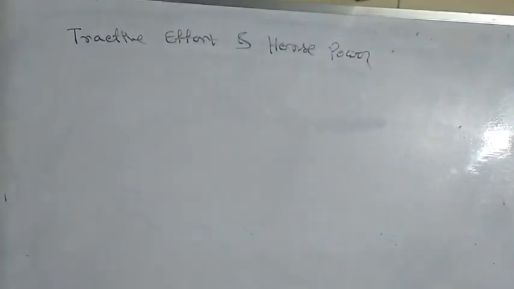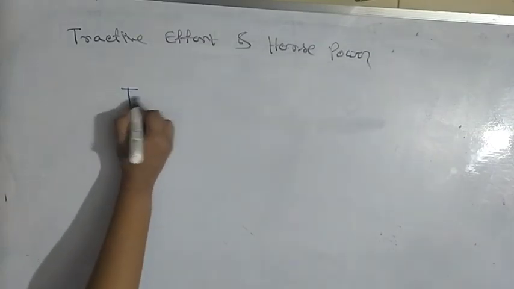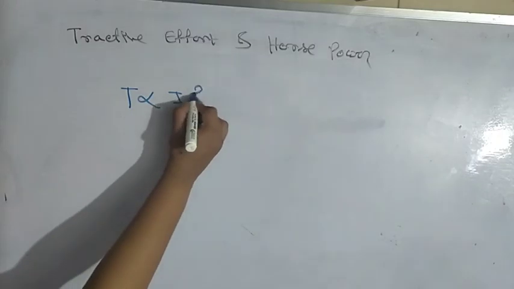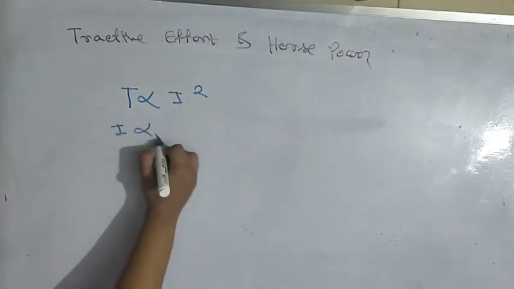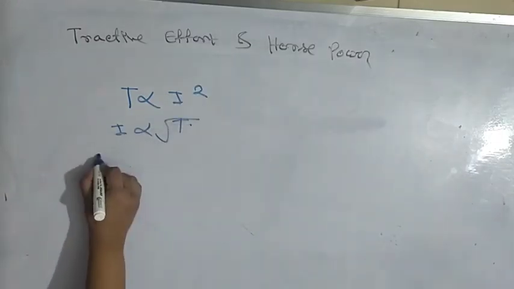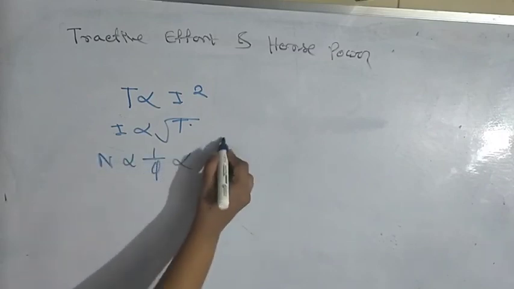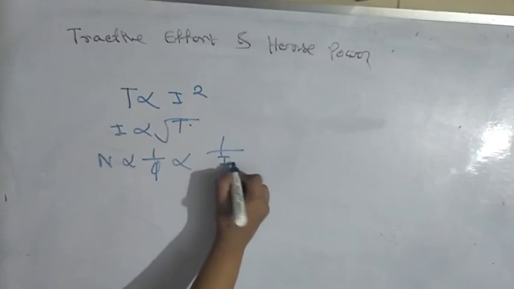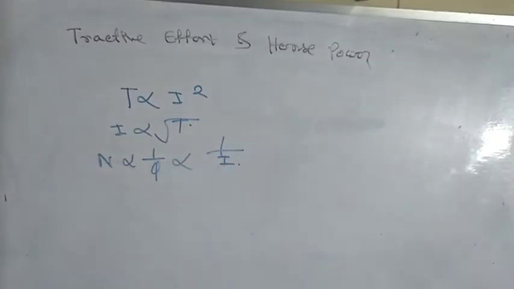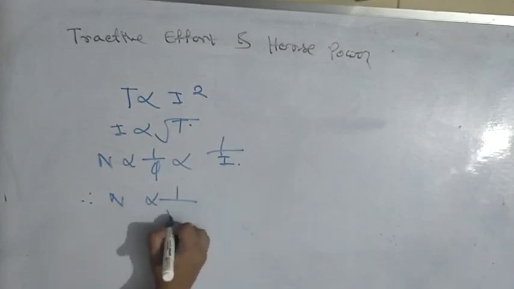Now, for a DC series motor, under unsaturated condition, T is proportional to I square, or I is proportional to root over T. And since N is inversely proportional to phi and phi is proportional to I, N is proportional to 1 by I, therefore N is proportional to 1 by root T.